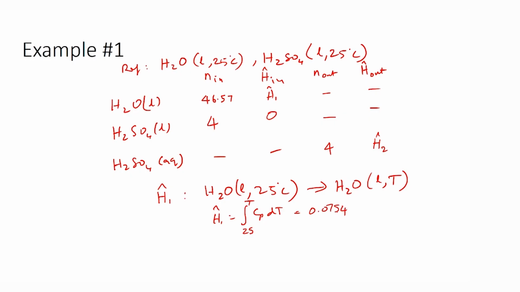So, you can convert the Cp in terms of joules per gram degree Celsius, which is roughly 4.18, to the units of kilojoules per mole degree Celsius, and check whether the value I have used is correct. So, you have 0.0754 times T minus 25, which is H1 cap.